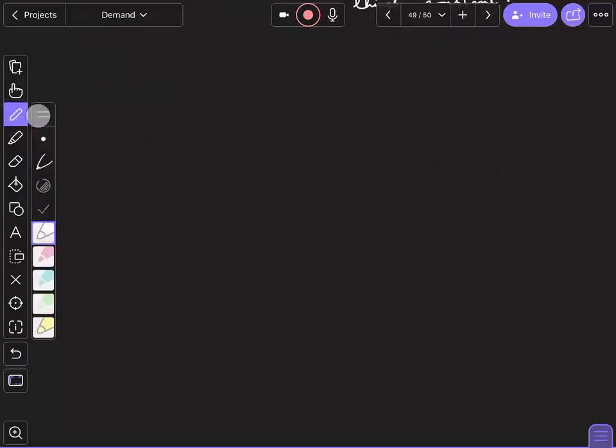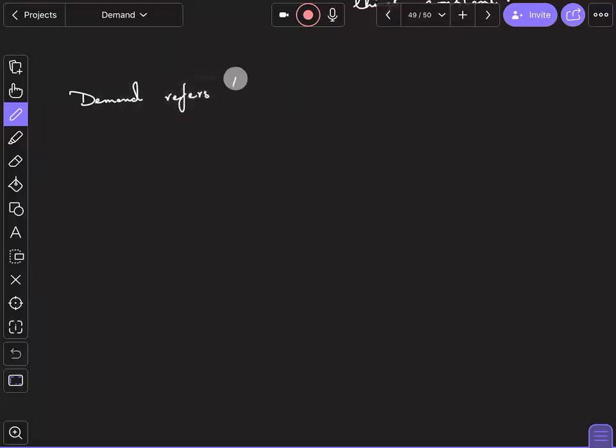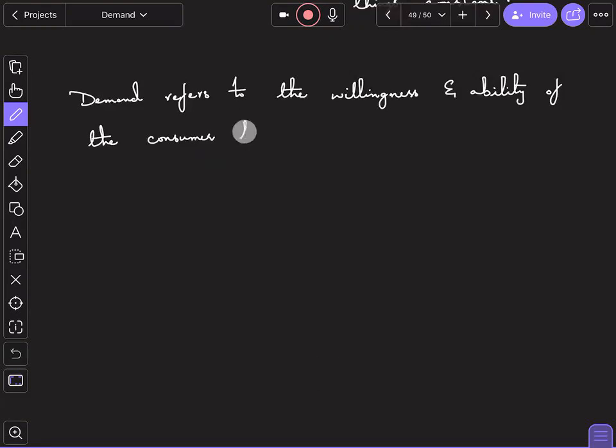What is the definition of demand? Demand refers to the willingness and ability of the consumer to buy a good or a service at a given price for a product, ceteris paribus.